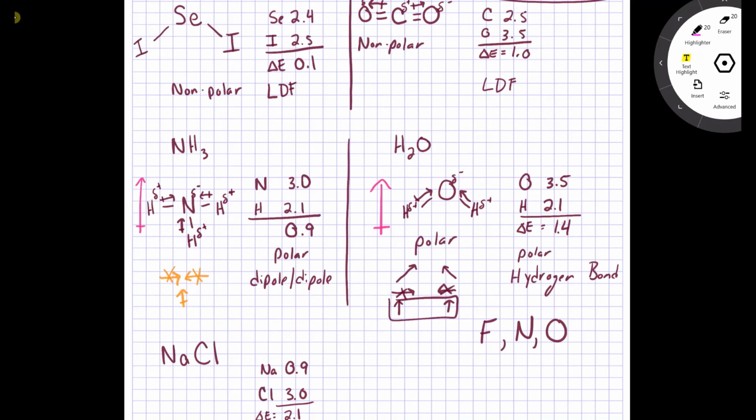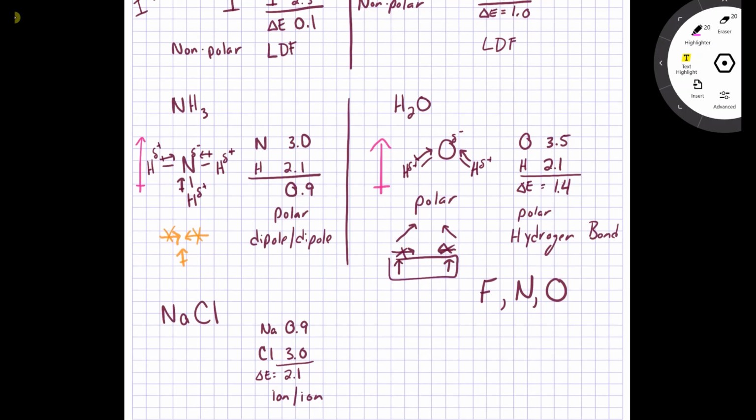These hydrogen bonds are especially strong. For more information on that, once again, check out the IMF video. But this is going to be a hydrogen bond, and a hydrogen bond is 10 times stronger than a dipole-dipole. So that's why I'm bringing this up. And then my last one is my ion-ion with my 2.1.